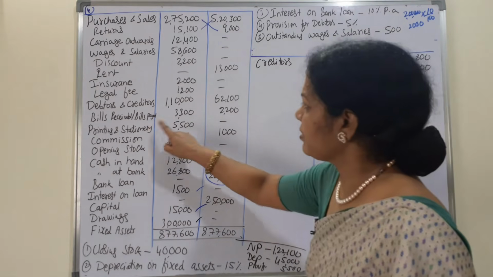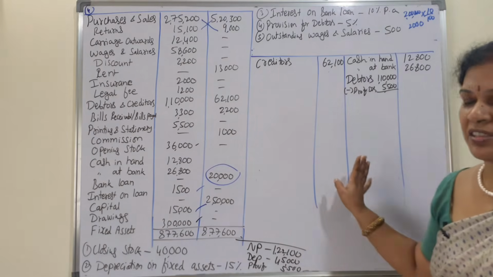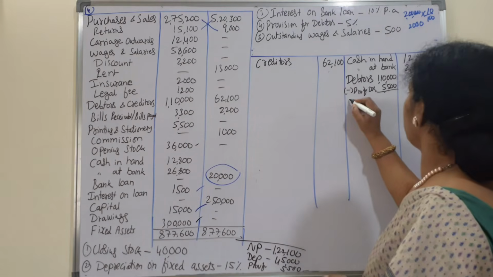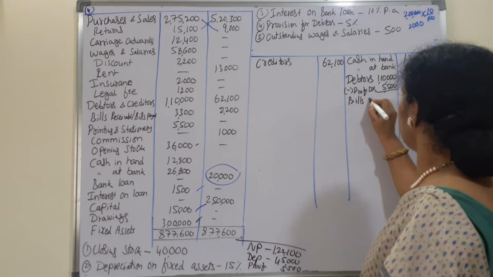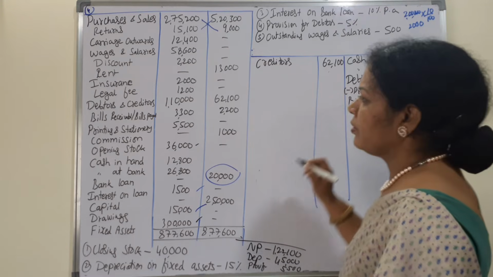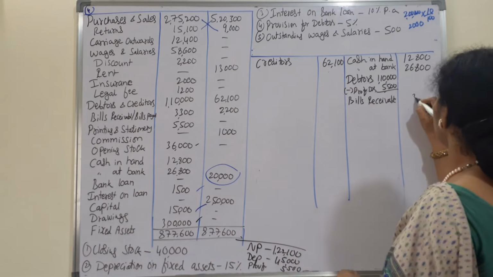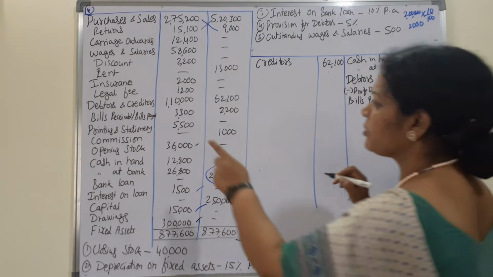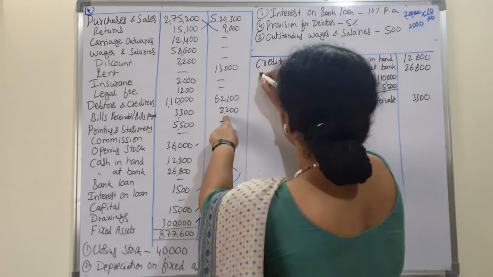Creditors are over. Now bills receivable, bills payable. Bills receivable is an asset, bills payable is a liability. Bills receivable is 3,300. Bills payable 2,200.